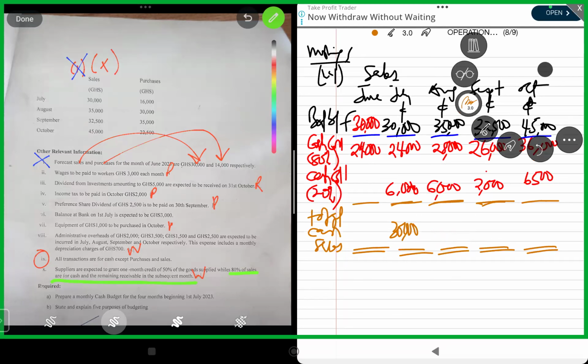Plus 26. 58,500. 63,000? 28,000 plus 6,000, how does it give you 63? But be careful. Look at it. We are only adding the red figure. I was adding the black and the red. Sorry. I told you it's been underlined. It's not a cash figure. Yes, please. We are only adding the cash figures.